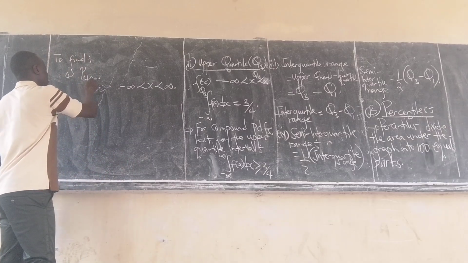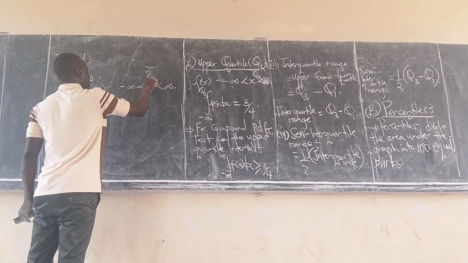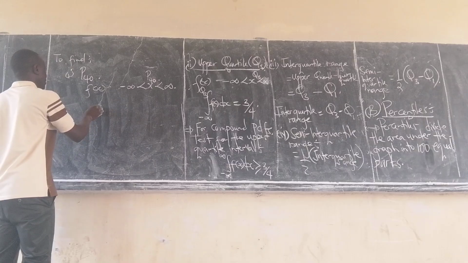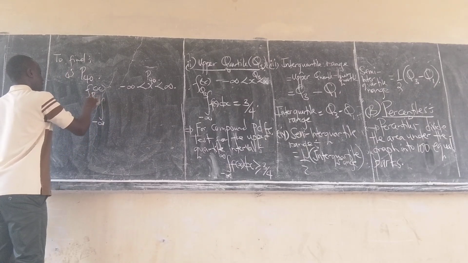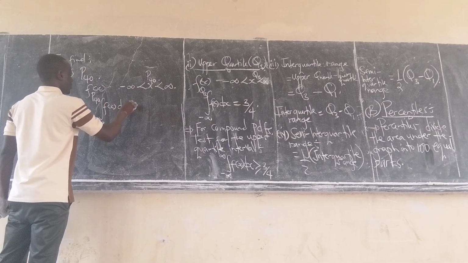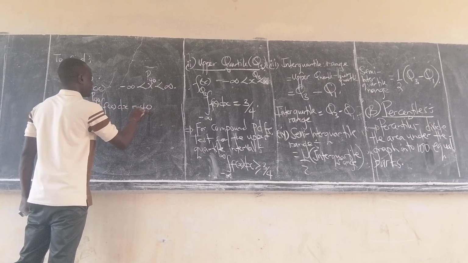This one must always be an x value in this range. So supposing P40 is there, it now means that when you integrate from negative infinity up to P40 the PDF with respect to x, the answer must be 40 over 100.